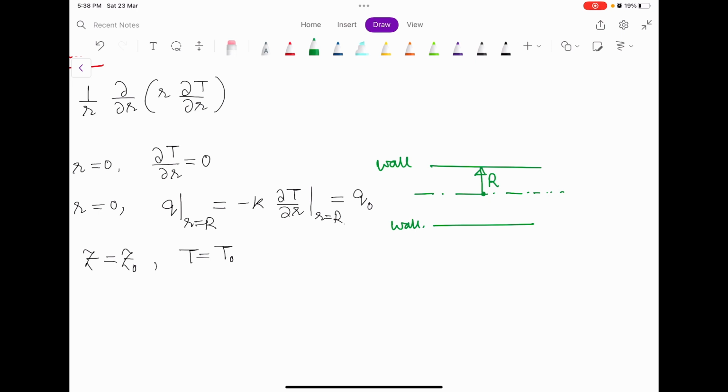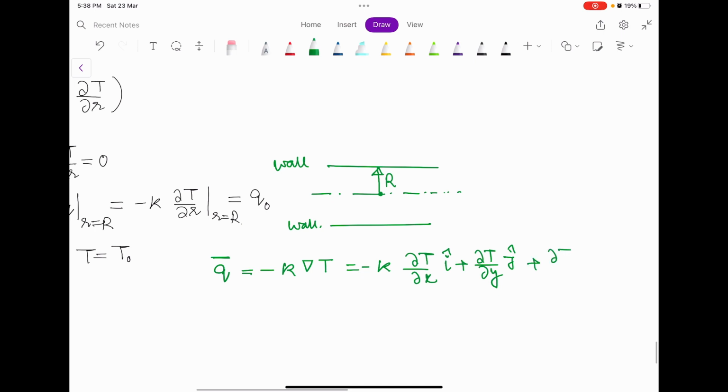Whenever I am writing q, q is the heat flux vector and its definition is k into grad T. Now grad T is a vector, and if I write the full expression of grad T, it is del T del x i cap plus del T del y j cap plus del T del z k cap.